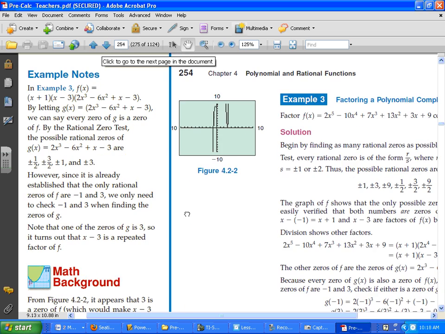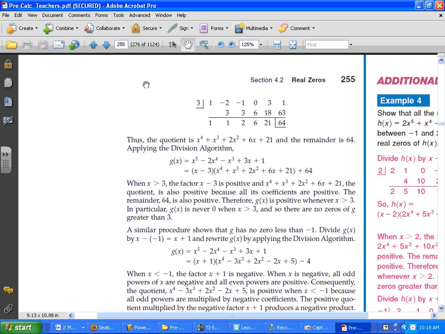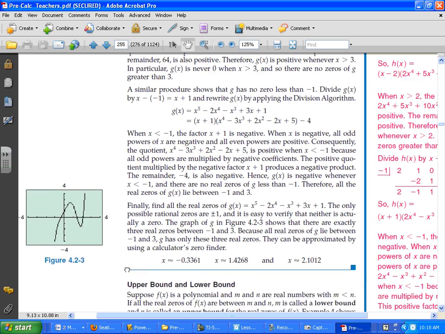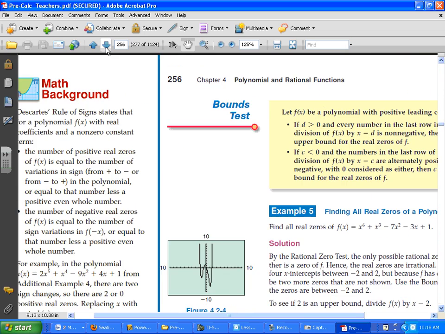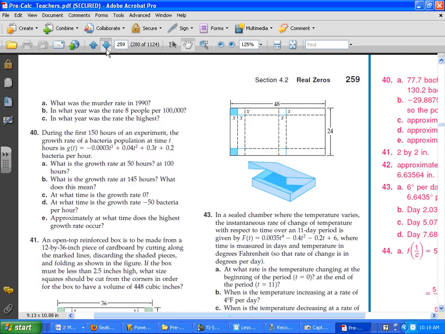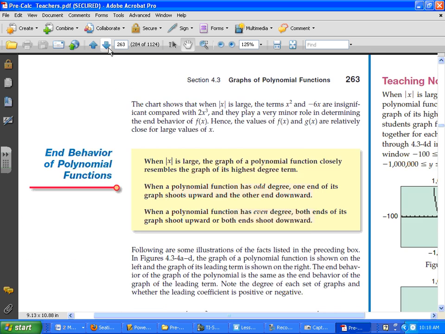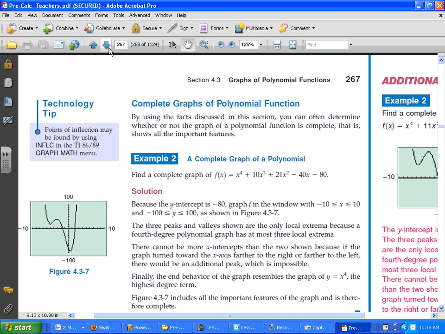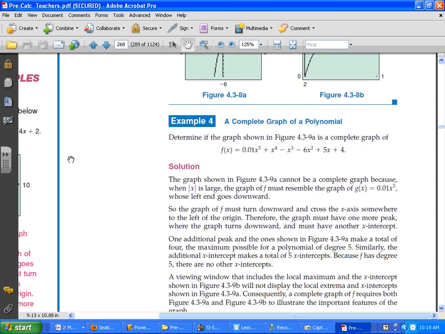Right, 3.9, example 4. Here we go. A little off. All right, here we go. Sorry.